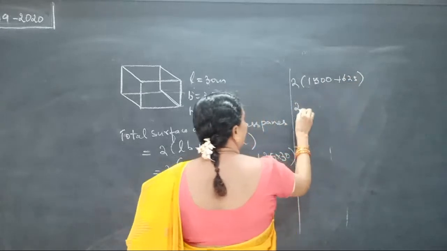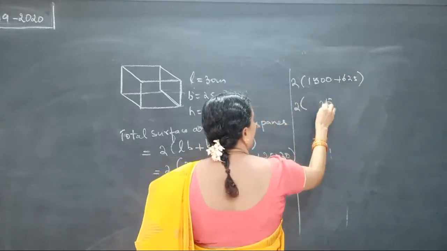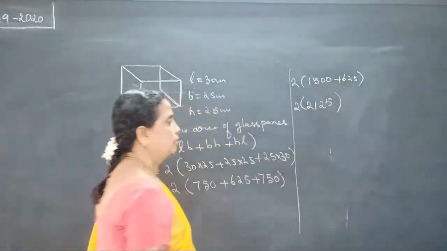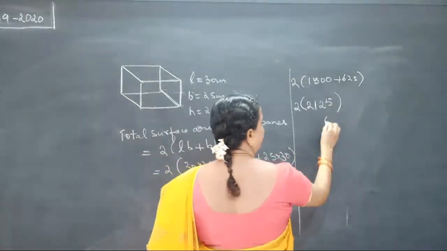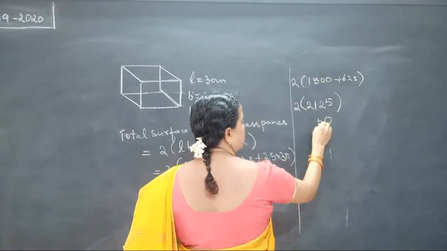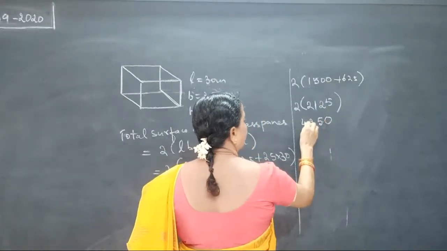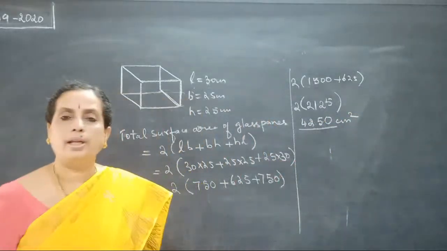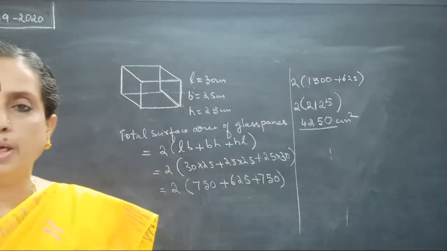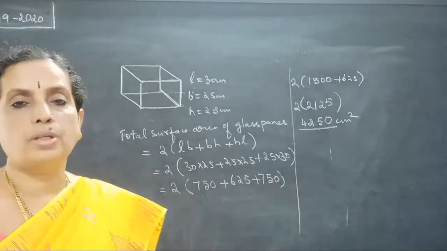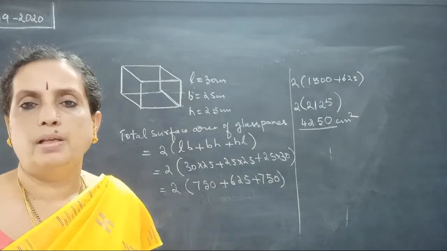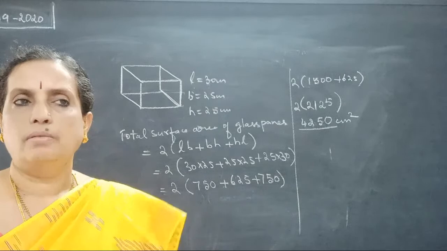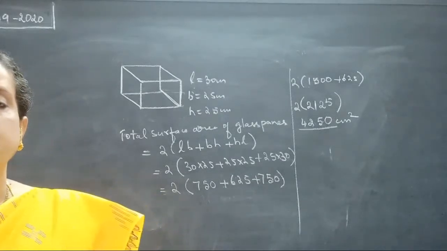What will you get? 2 into 2125, correct? Now get the product. 5 twos are 10, 2 twos are 4 plus 1, 5. 4250 centimeter square. So the total area of the glass pane required is 4250 centimeters square. Please work it out and check whether your answer is right or wrong.